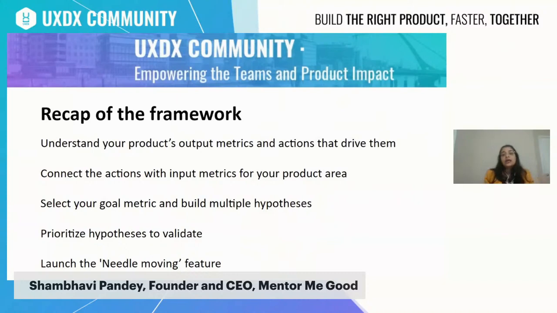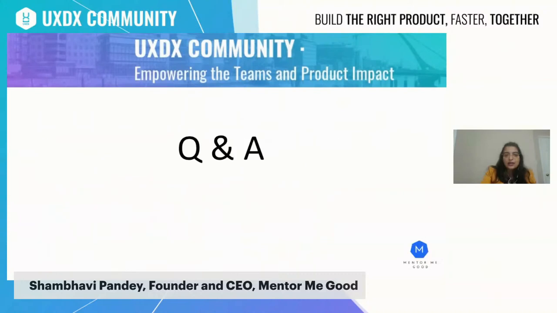Make sure that you are looking for those needle moving attributes when you prioritize, along with the estimated benefit and the effort. And then the last step is to launch the feature and measure the right metrics to make sure that this indeed turned out to be a needle moving feature. So with that, I will come to questions.